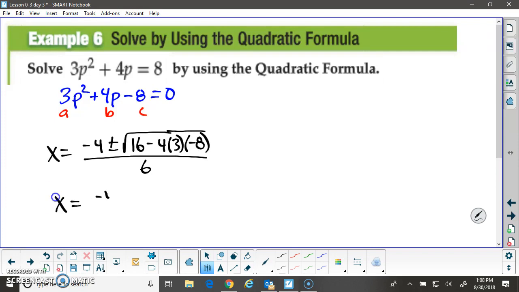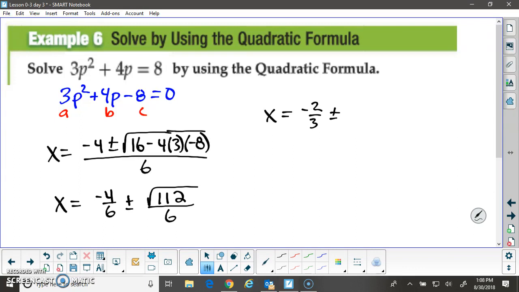So we get negative 4 over 6 plus or minus the square root of, let's see here, that's going to be 12 times 8 is 96. And so 96 plus 16 would give us 112 divided by 6.